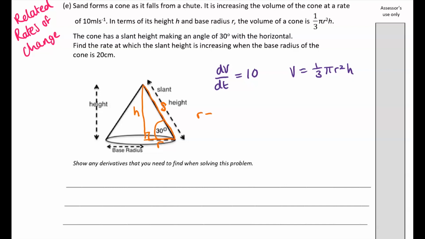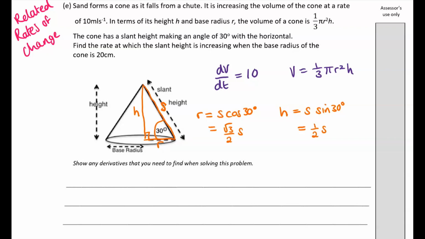So r will be equal to s cos 30 degrees, and h will be equal to s sine 30 degrees. Well, cos of 30 degrees is one of our special angles, and that gives us root 3 over 2. So r will be root 3 over 2 s, and h, well, sine 30 is the same as a half, so h will be half s.